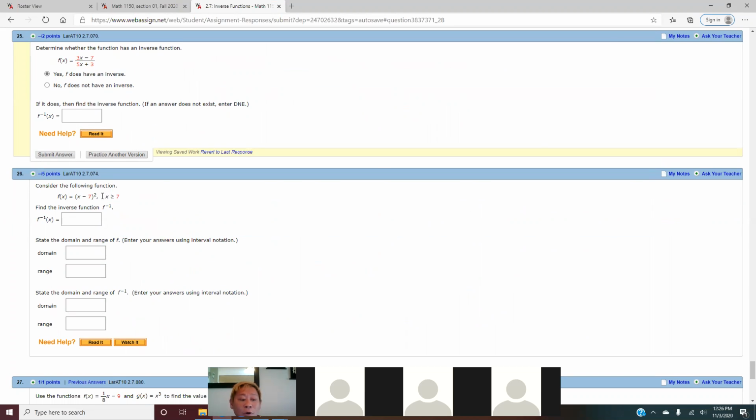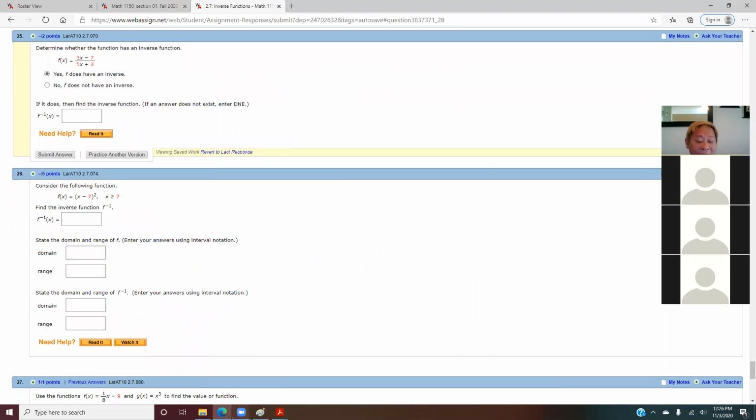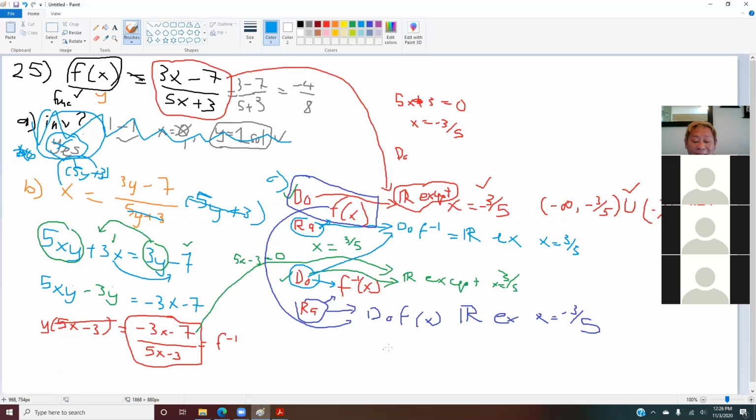Okay. So the only parts that do not have an inverse function, there are two pieces. One is the square and one is the absolute value, because these two do not pass the horizontal line test. So that's why they don't have an inverse function. But if we restrict the domain, then it has an inverse function.